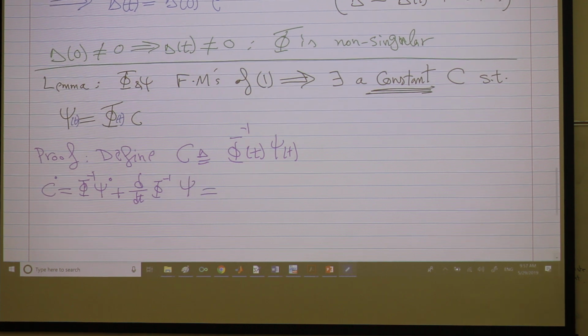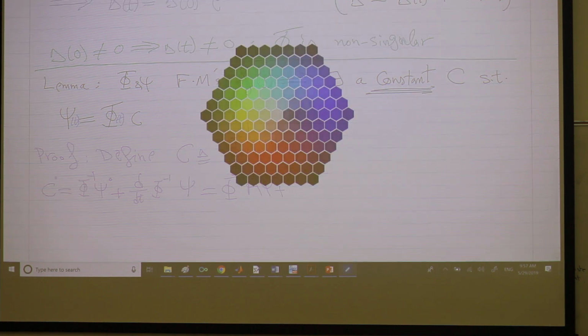So phi inverse, that's fine. Because it's a fundamental matrix, I have a formula for it, right? What will be phi inverse dot? It's just A times phi inverse, because it's a fundamental matrix by definition. Plus the derivative of an inverse of a matrix.